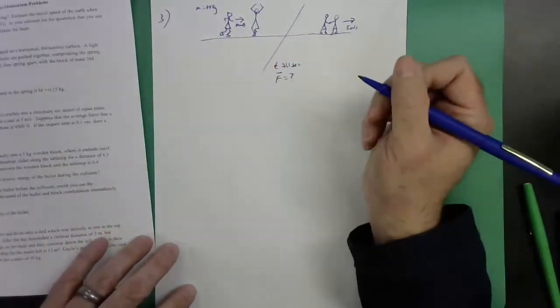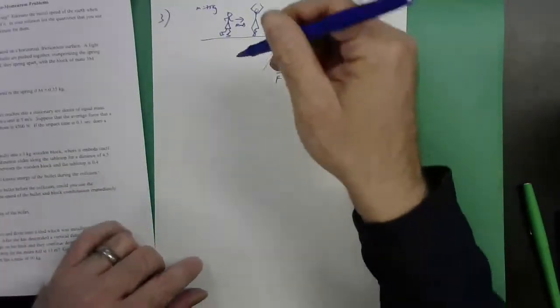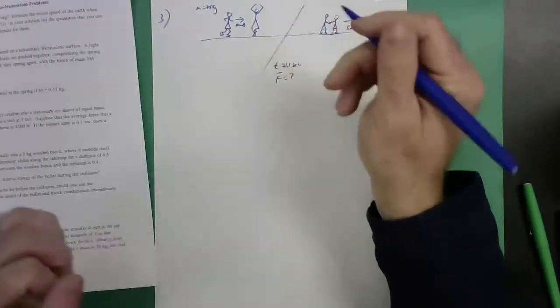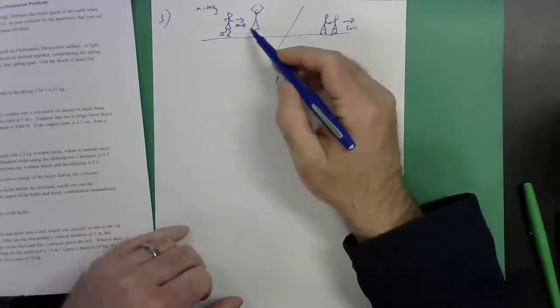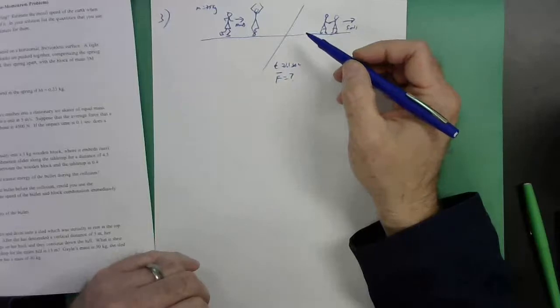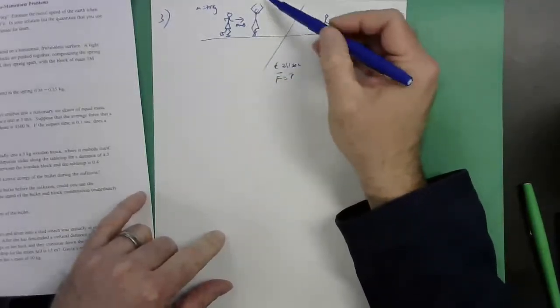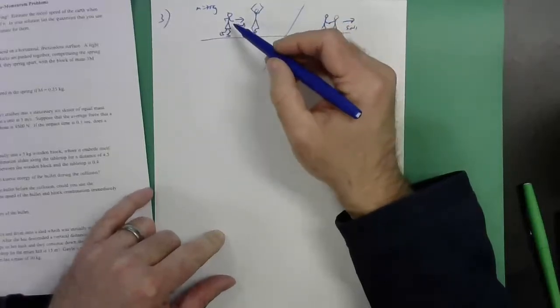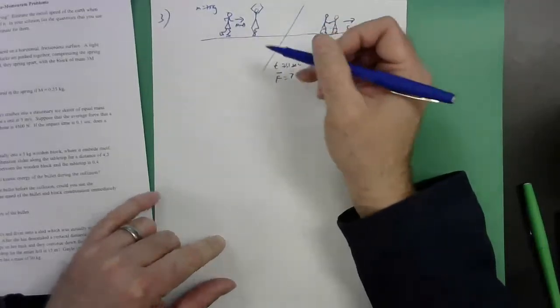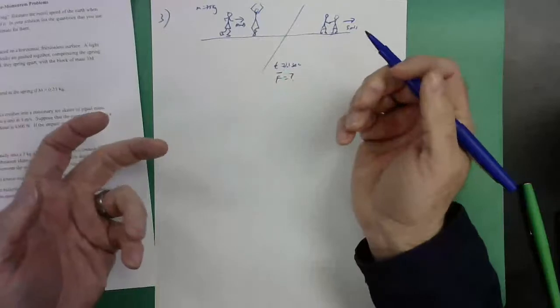So here we go. We're going to set up our little impulse momentum. I'm interested in the force between them, as they thump into each other, the force they push on each other with. So I am not going to treat them as a combined system, because if I did, the force of skater A on skater B and the force of skater B back on skater A would add to zero. They would drop out of the calculation.